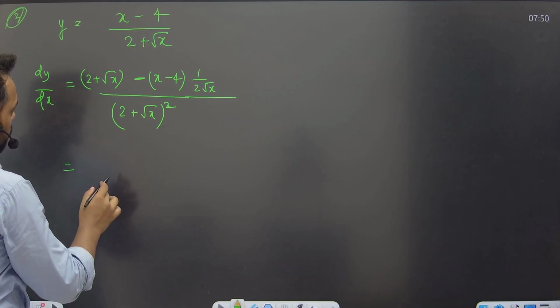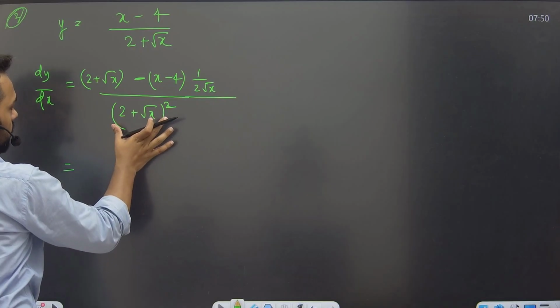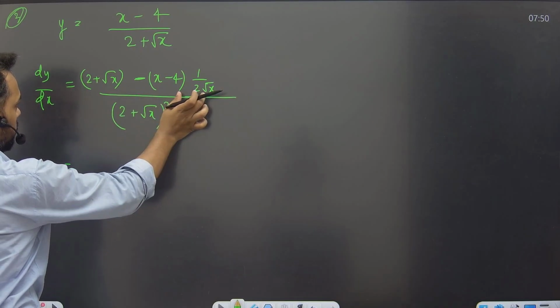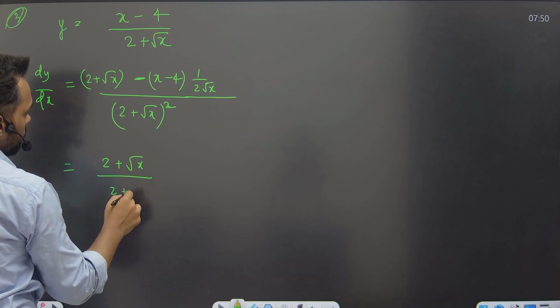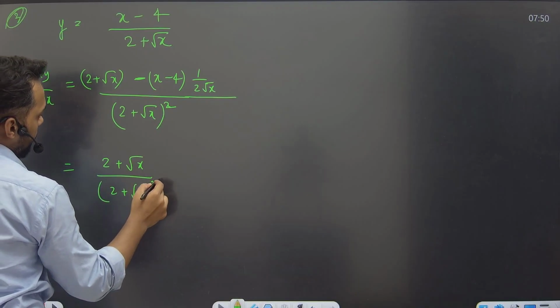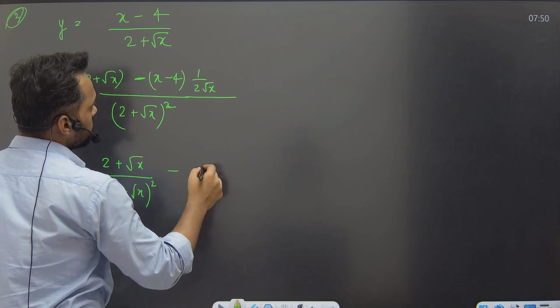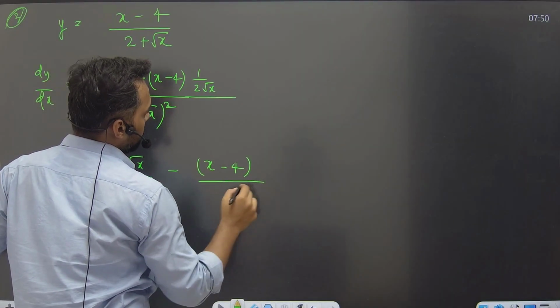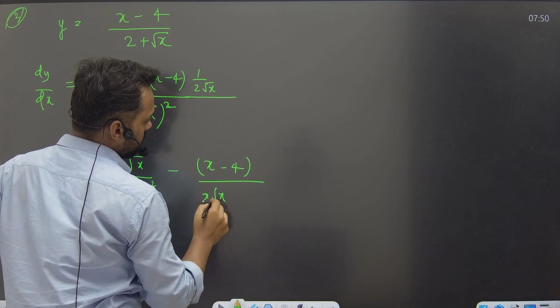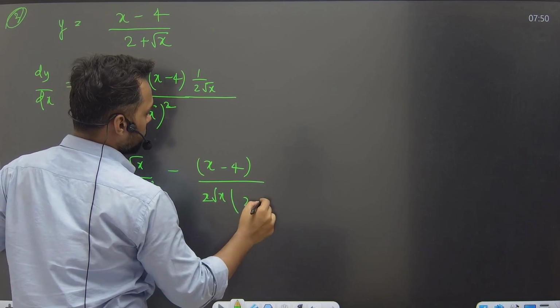Now what we need to do, just write down the denominator with each of the terms. I'll tell you how. (2 plus root x) upon (2 plus root x) whole square, minus (x minus 4) upon 2 root x into (2 plus root x) whole square.